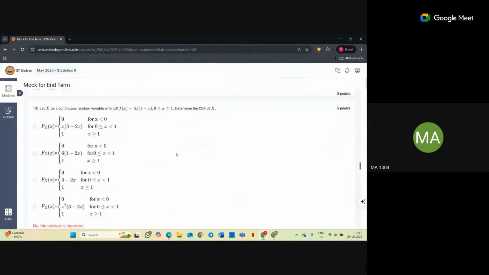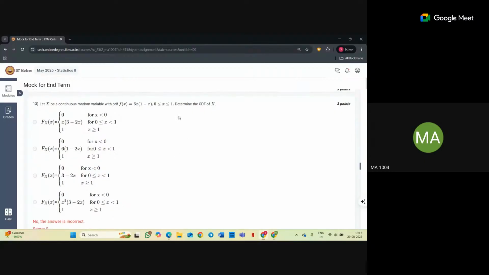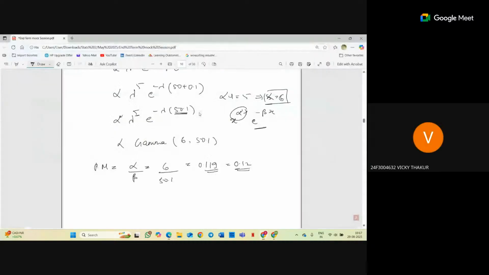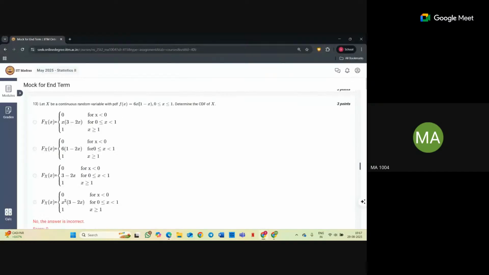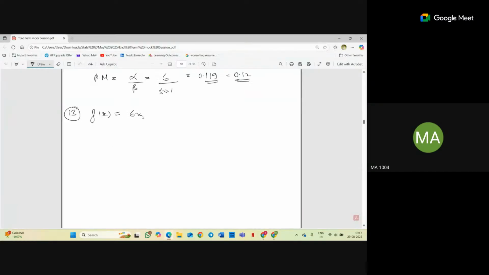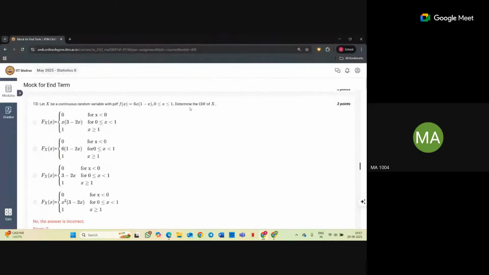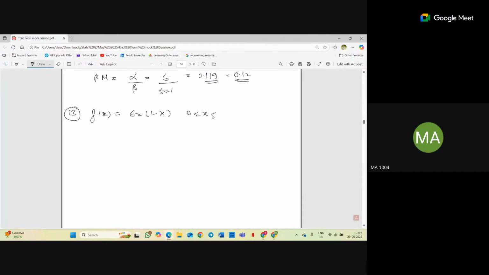Okay, now 13th question. Let x be a continuous random variable. We have fx. Determine the CDF of x. How do you calculate the CDF? You integrate with the values. We have fx as 6x(1 minus x), where x is going from 0 to 1.